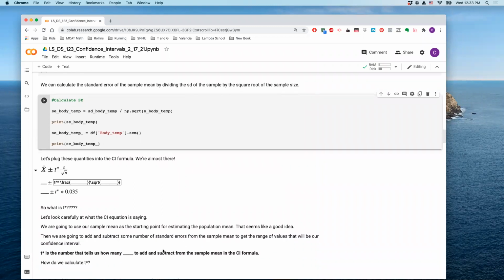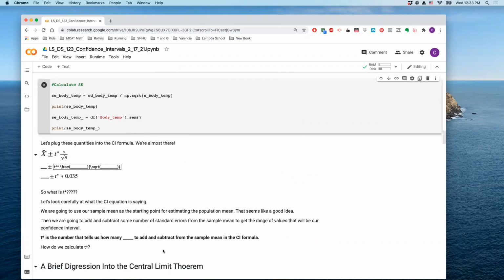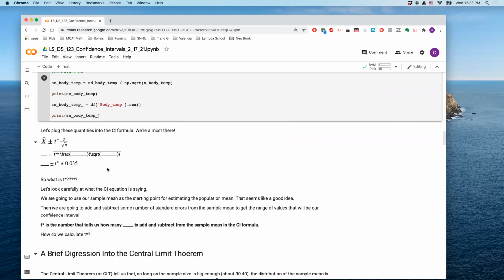So we are at 3 out of 4 quantities that we need for our confidence interval, everything but the t star part.